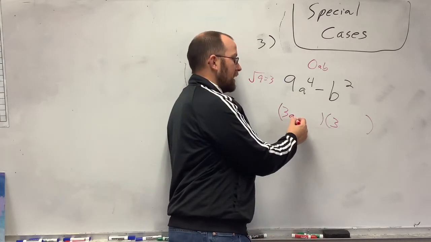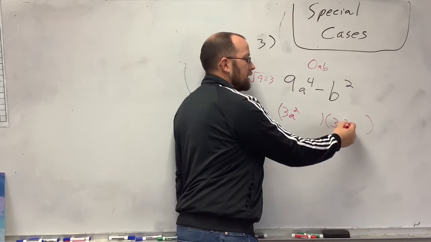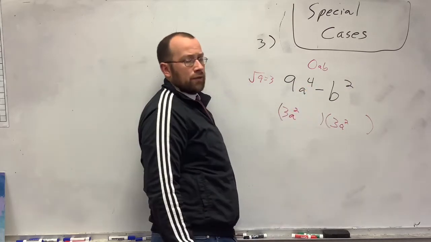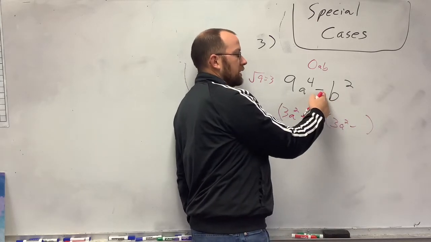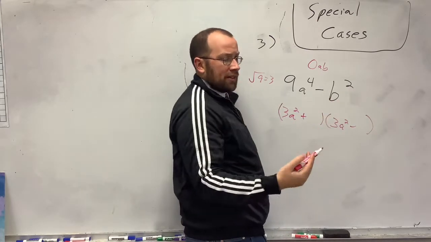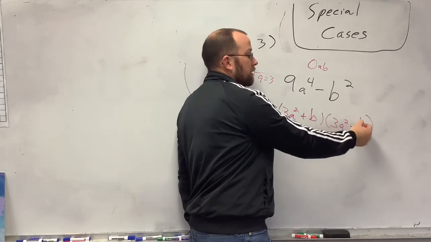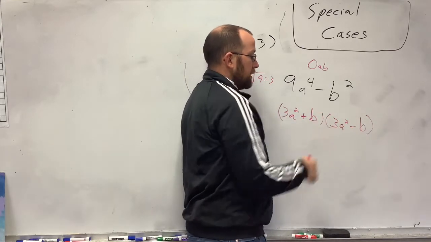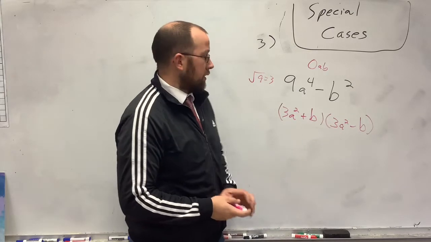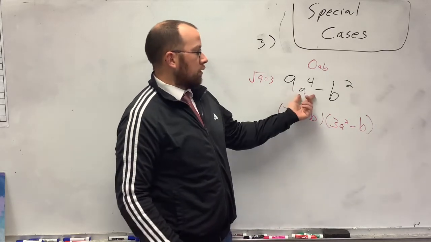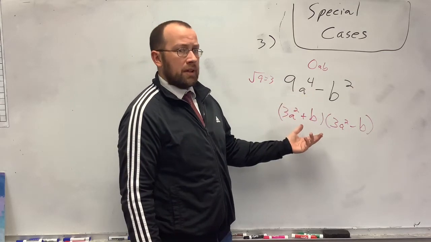Knowing my exponent rules, a squared times a squared will give me a to the 4th. And I know my signs are going to be positive, negative, because that's negative. So what times what gives me b squared? b times b gives me b squared. And there's your answer. Use your common sense here. Just because there are more exponents doesn't mean anything.